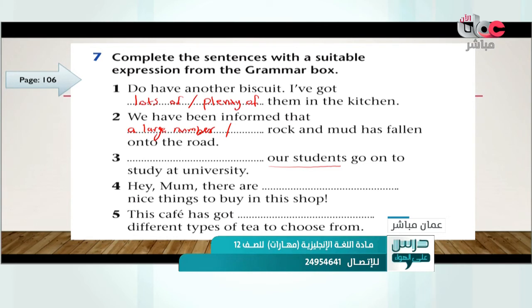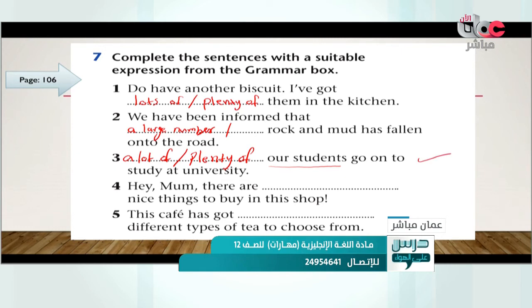I think it will be a lot of, or plenty of. So a lot of and plenty of express the formal things, and a large number more than you expect. So this is a positive connotation. Look at number 4.